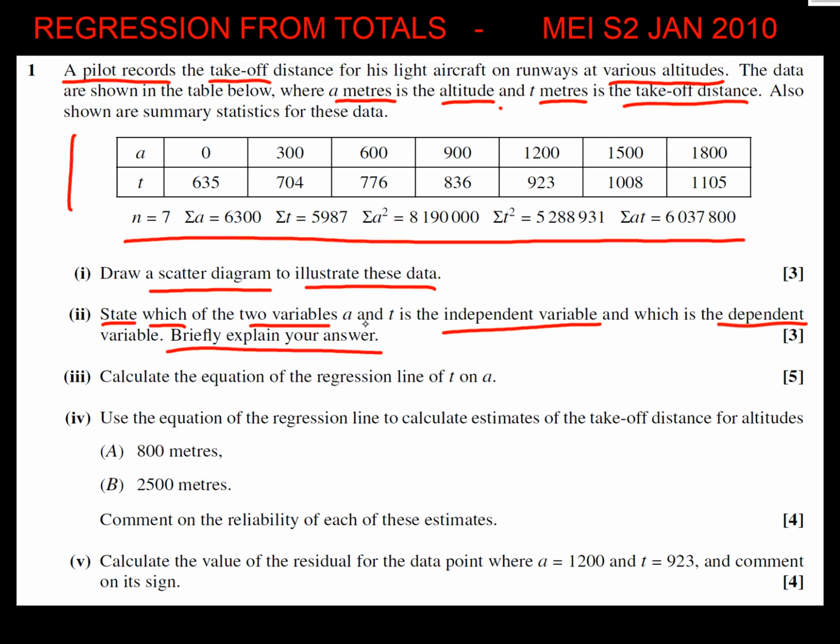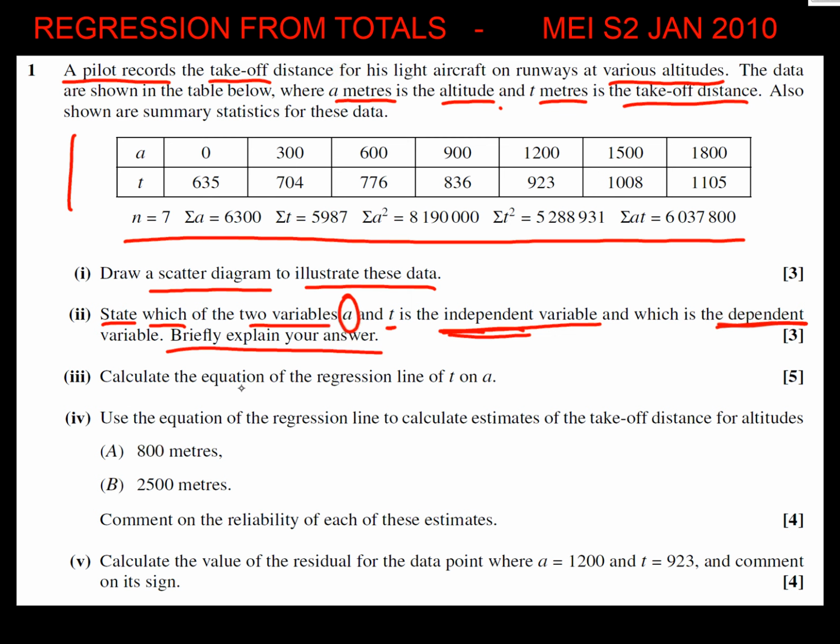So he's fixing that, so that's going to be our independent variable A, and for each value of A he's going to try and work out the takeoff distances. So that's the dependent variable. So A is the independent, T is the dependent, and the reason for that is he's trying to predict what his takeoff distance is at a particular altitude.